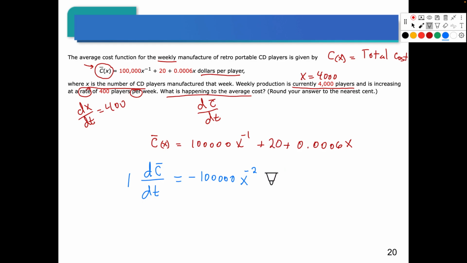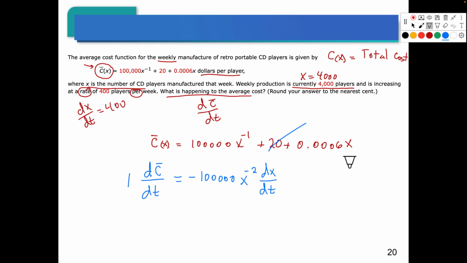We need the marker. This is derivative of x with respect to time. Again, that's kind of more of an abstraction. It's only there because things are changing. Derivative of 20 is 0. It's a constant, no variable, so that's gone.